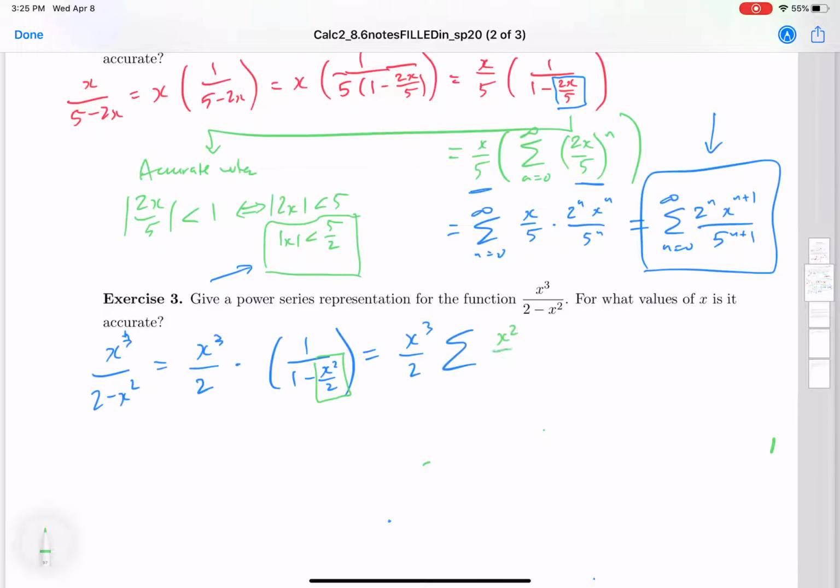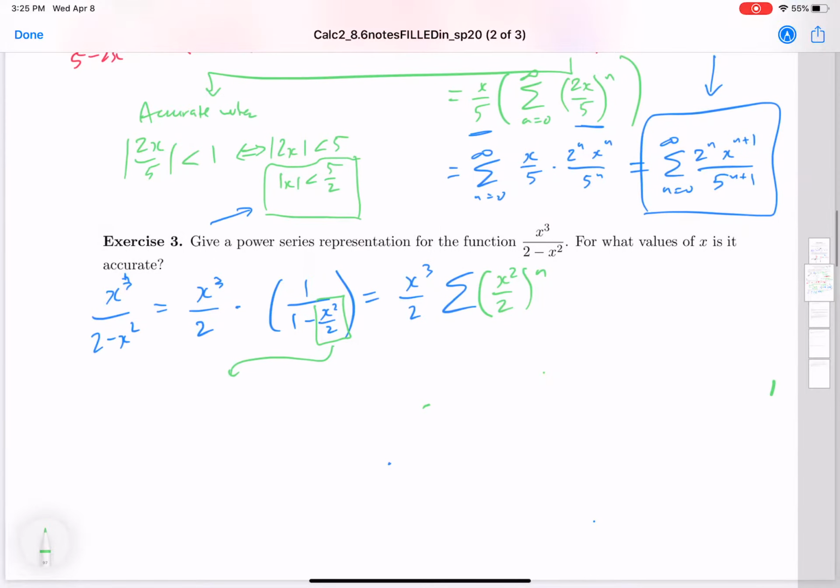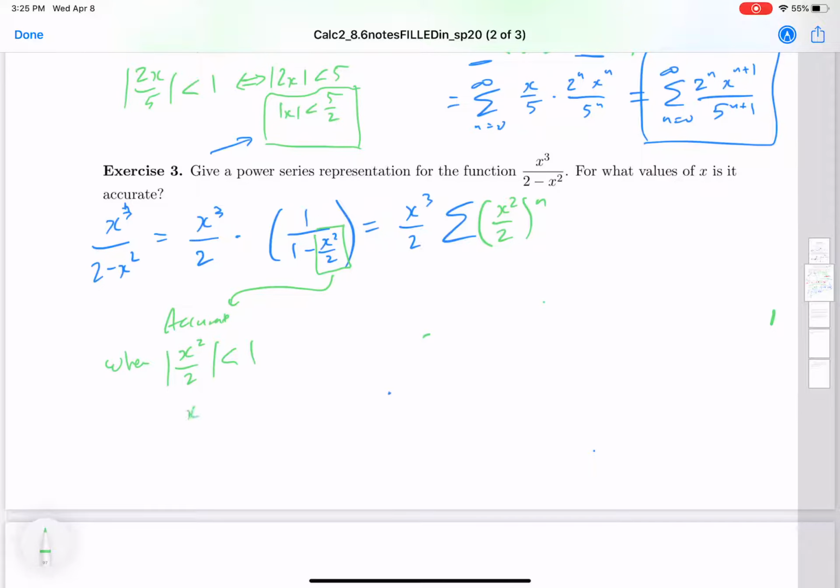So I'm getting x squared over 2 to the n, and I want to figure out when that's accurate. And it's accurate when the absolute value of x squared over 2 is less than 1. Multiply the 2 to the other side, and I get the absolute value of x squared is less than 2. And I take the square root of both sides, so absolute value of x is less than square root of 2.